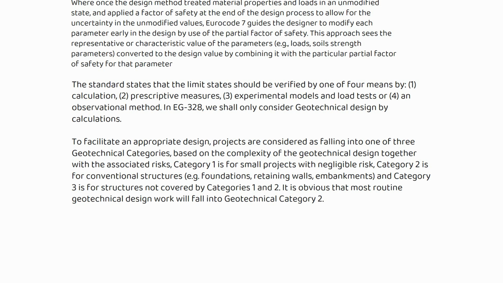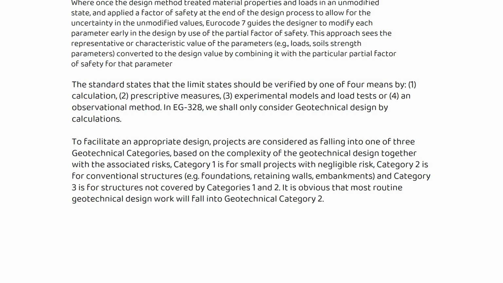In this lesson, we shall only consider geotechnical design by calculations. So Eurocode 7 states that the limit state should be verified by four means: calculation, prescriptive measures, experimental models, and observational methods.